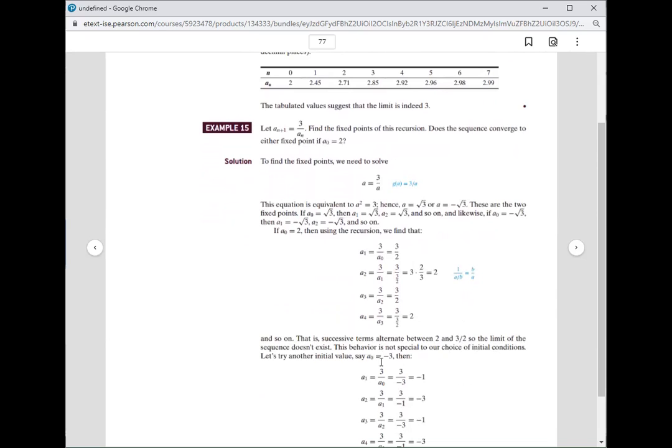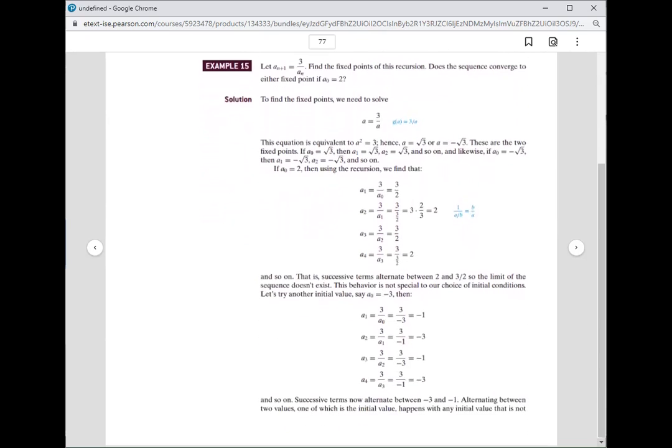Let's try another initial value, negative 3. Then we got this. So successive terms now alternate between negative 3 and 1, alternating between two values, one of which is the initial value, which happened with an initial value that is not a fixed point.